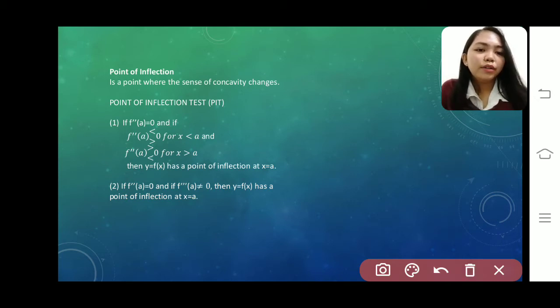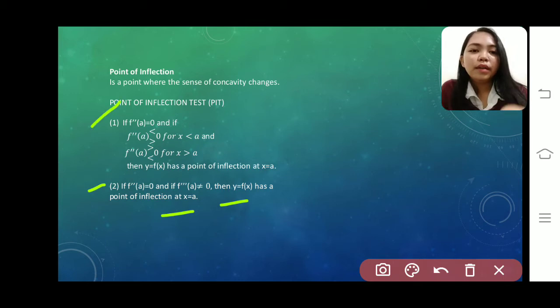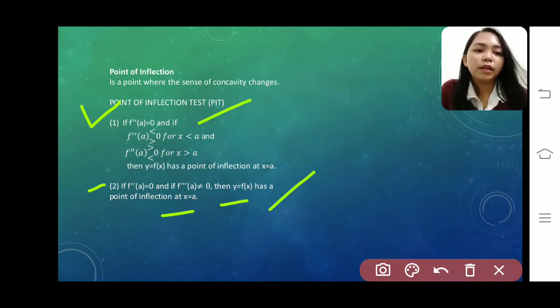Kapag nangyari yon, na-satisfy niya yung condition na to, then y equals f of x has a point of inflection at x equals a. So, ang tanong, dapat ba ma-satisfy niya tong dalawa para ma-considered na point of inflection yung isang point? So, hindi. Kahit isa lang dito yung ma-satisfy niya. So, pwedeng ito lang or pwedeng ito.